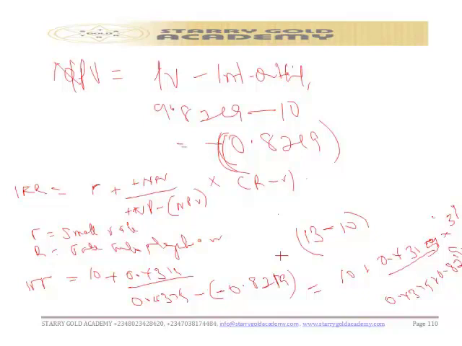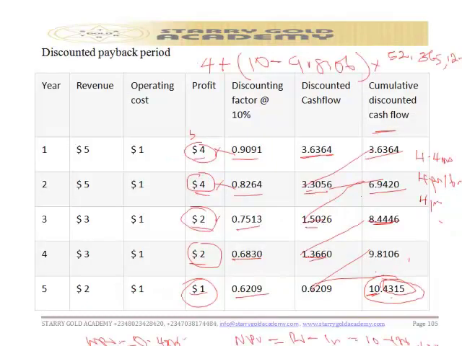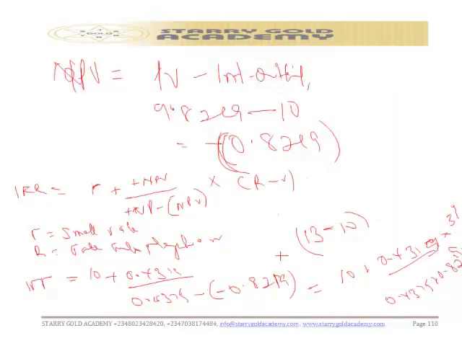Now 0.4315, which is our NPV, divided by 0.4315 plus 0.8219, close the bracket, is equal to... let me use this space to complete it, so we don't use another page.